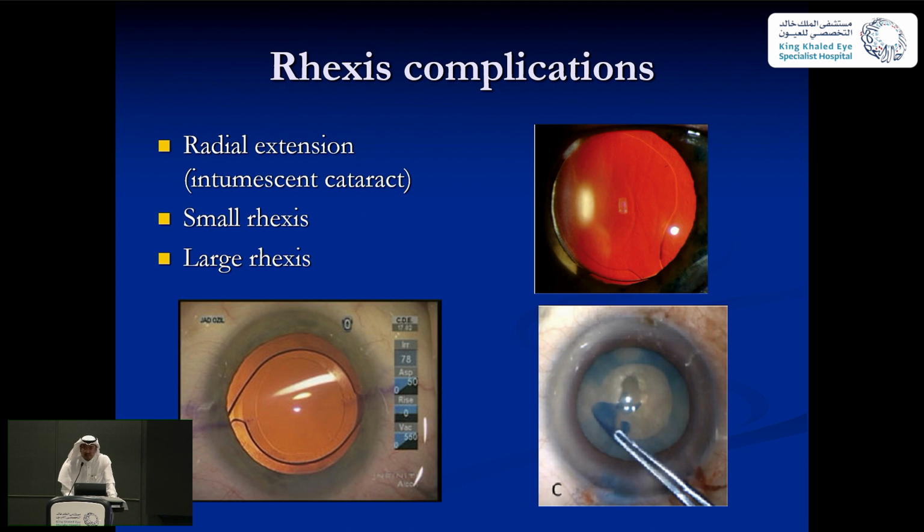Large rhexis, on the other hand, is good for evacuating the lens and phacoemulsifying it, but it becomes less favorable when we place the IOL. You want the IOL to be covered from 360 degrees to prevent it from prolapsing forward and having subsequent pupillary capture, for example.